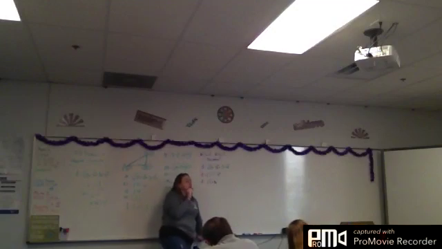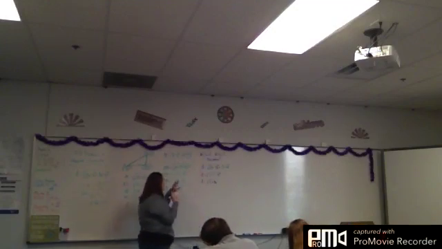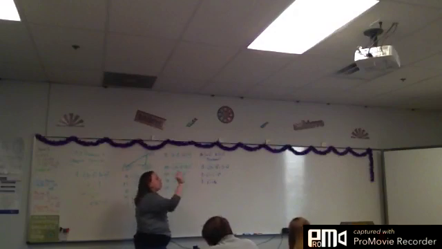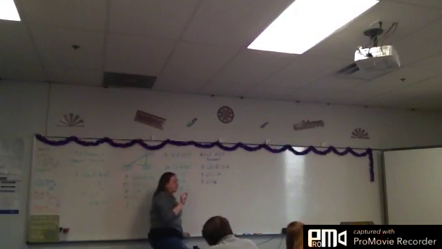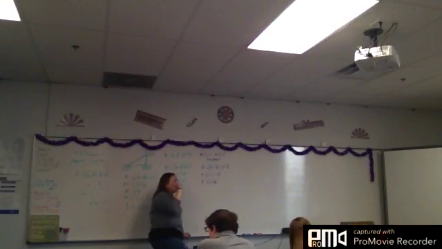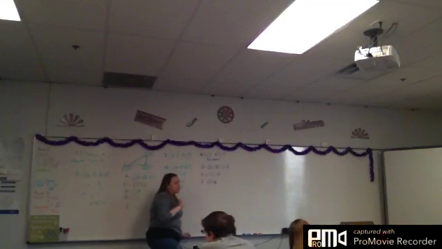The whole reason we're squaring stuff and the whole reason we take absolute value is so that we have positive answers. Because a negative times a negative is a positive. So if I have negative 4 squared, I have negative 4 times negative 4. The square means I have 2 of that same thing. Does that make sense?